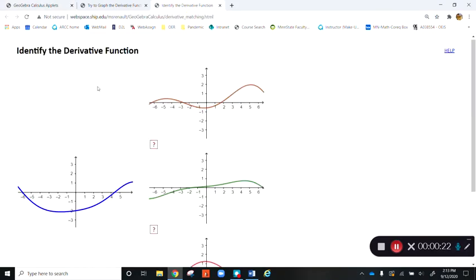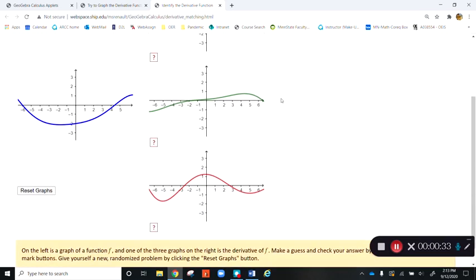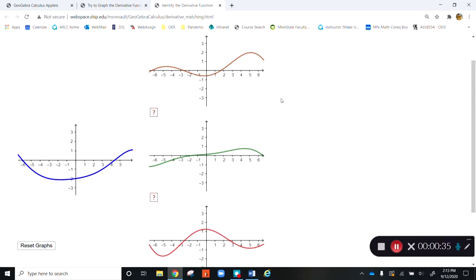So this one here gives us the graph of a function f on the left. So this blue curve here is our function f, and we're supposed to identify from the other three graphs which of these is the graph of the derivative of f. So how do you do this? Well, one way you can do it is to try to figure out where it would cross the x-axis.